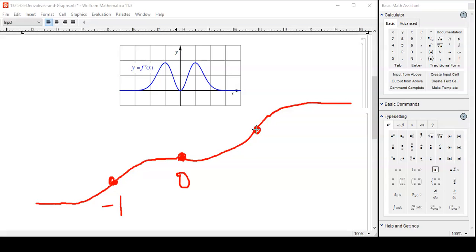We have x equals +1 here, that's another inflection point. Concave down, concave up, concave down, concave up, concave down like this. And then to the left, we have a horizontal asymptote. And to the right, we have another horizontal asymptote. And it keeps on increasing all the way. That's going to be the sketch of the original function.